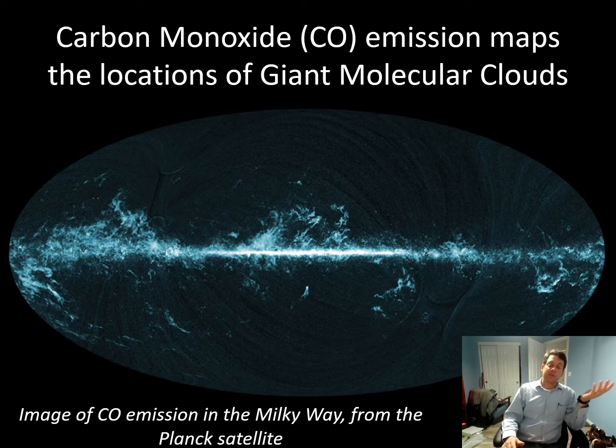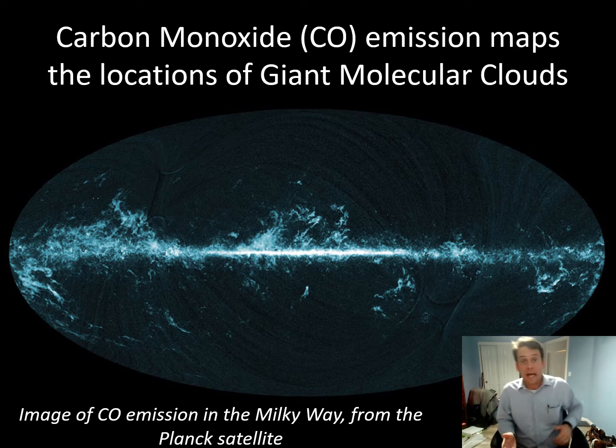Okay, and it turns out that just like we can look in the infrared, I showed you a couple of slides back the Milky Way in the infrared, you can actually look at specific wavelengths that are characteristic of specific molecules, right? And so here's such an image looking at carbon monoxide emission lines in particular. In other words, you take all of the light that comes to you and you filter out everything that isn't specifically in the carbon monoxide spectrum.